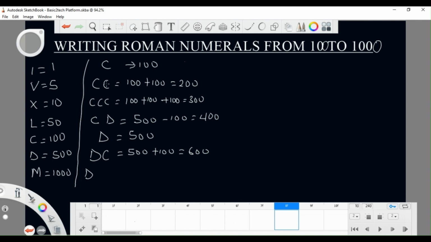We can add CC to it, so it becomes DCC, which is 500 plus CC, which is 200, that gives us 700. We can do the same for 800, which is 500 plus CCC, so we have DCCC, that gives us 500 plus 300, that gives us 800.